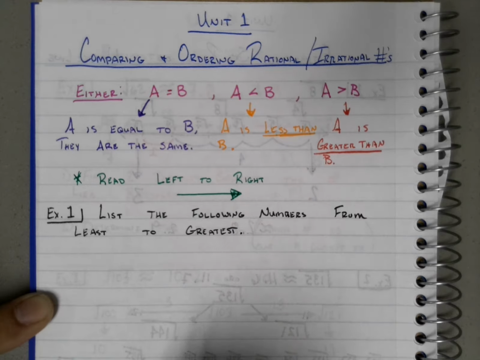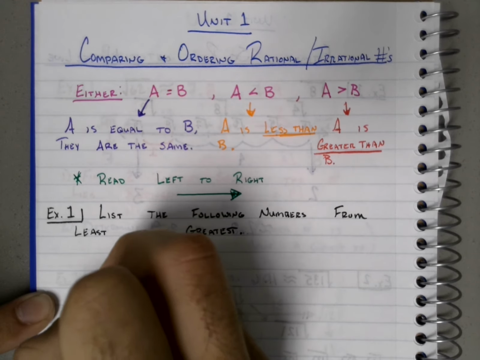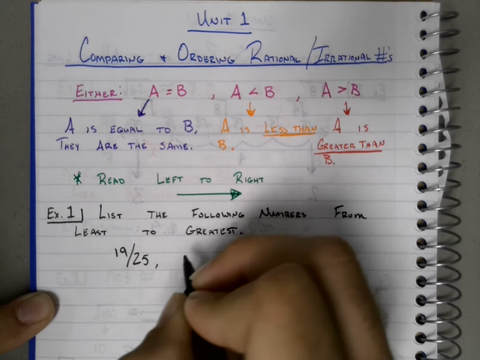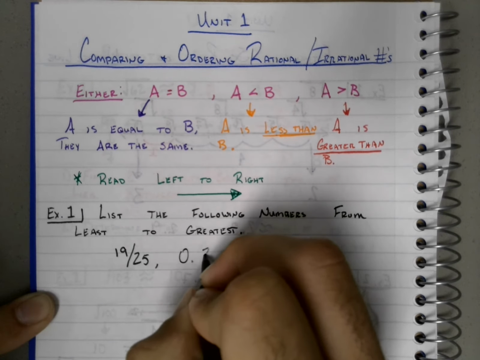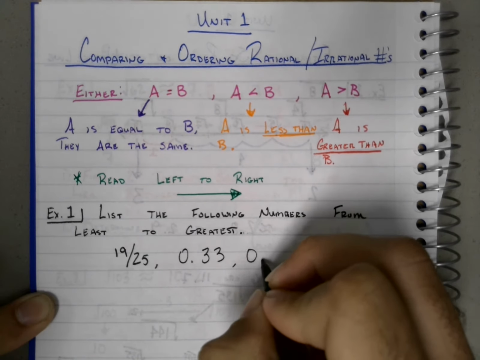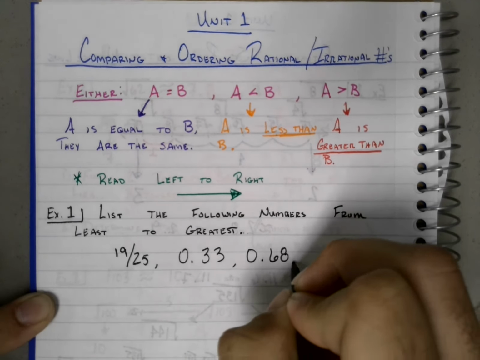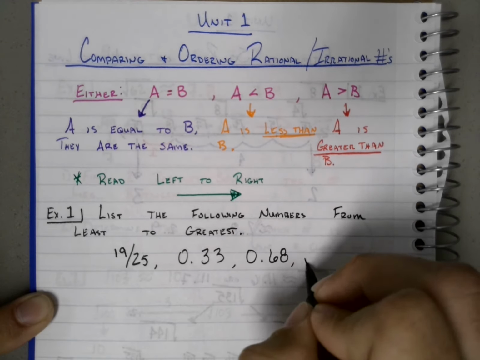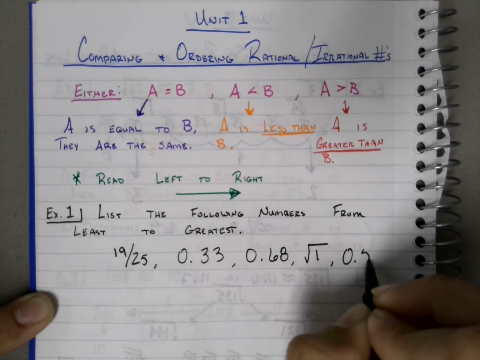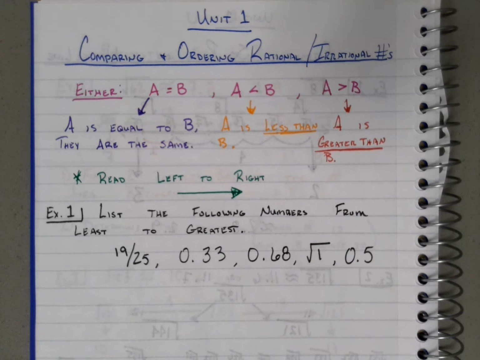Our numbers are 19 over 25, 0.33, 0.68, square root of 1, and 0.5. We're going to list these from least to greatest.